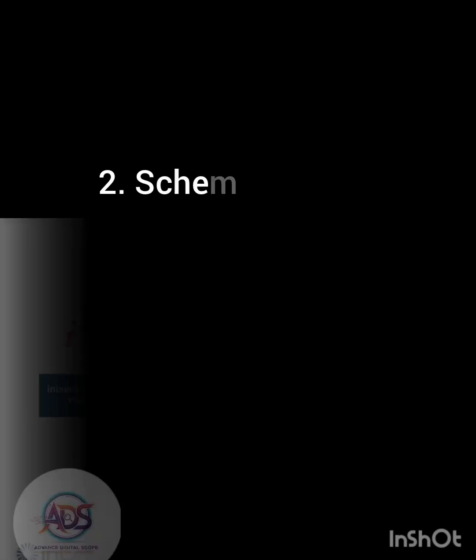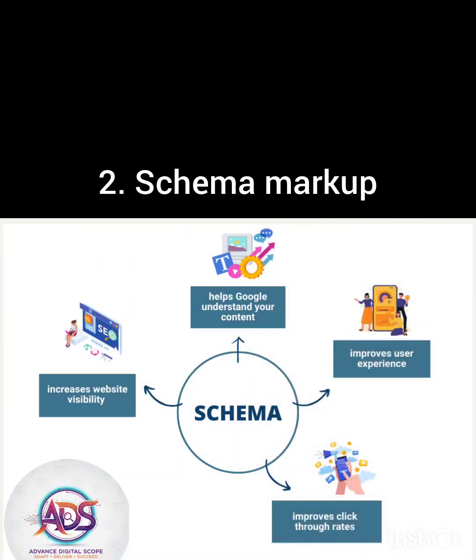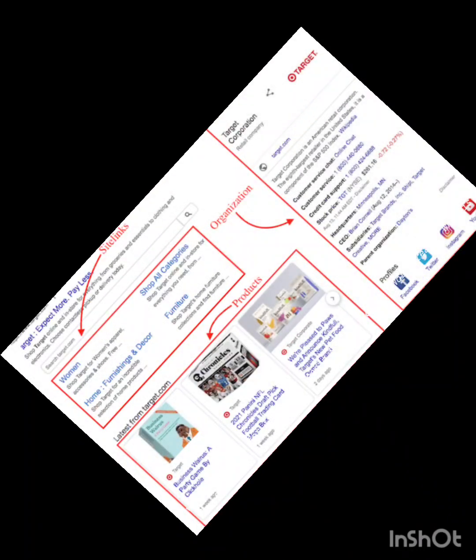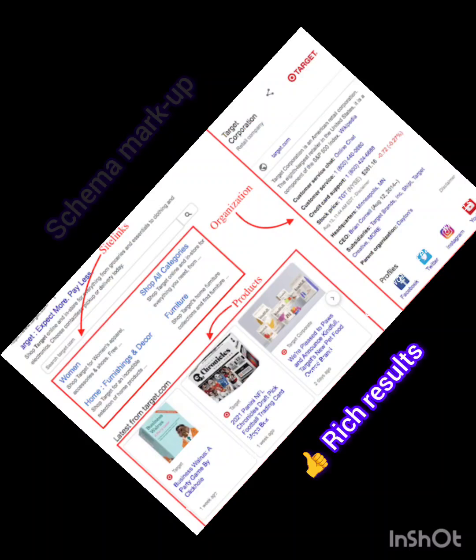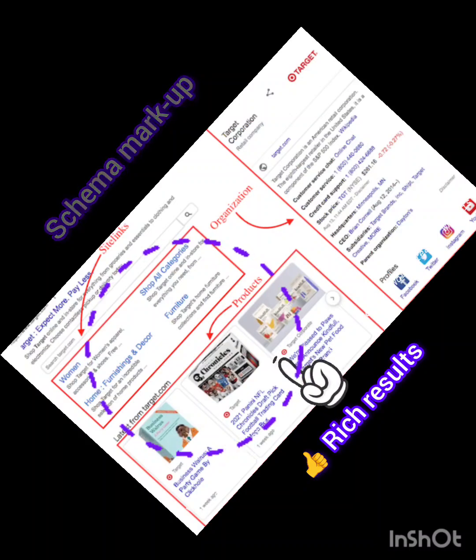Second is schema markup, which enhances your website features. There is an example which you can see carefully and find the difference, how much schema markup can help in technical SEO.